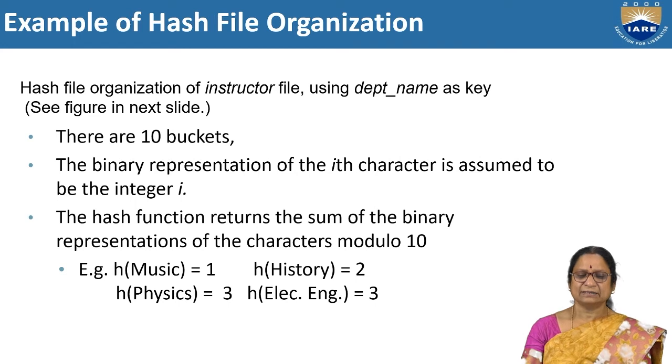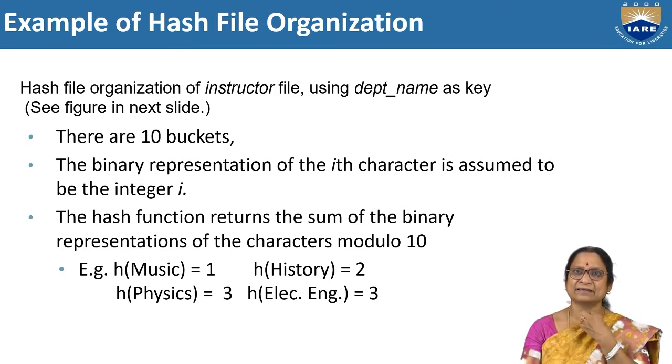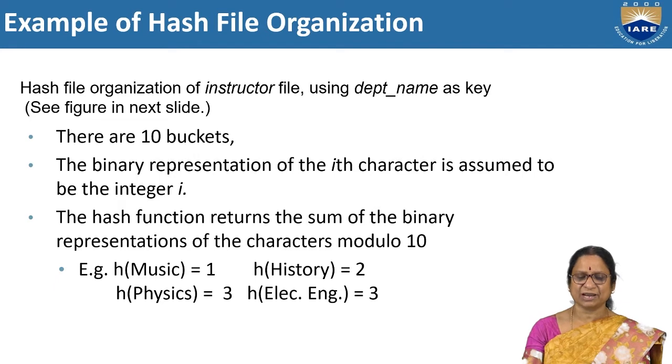That means the key value will be there, and the binary representation of the ith character is assumed to be the integer i. The hash function returns the sum of the binary representations of the characters.